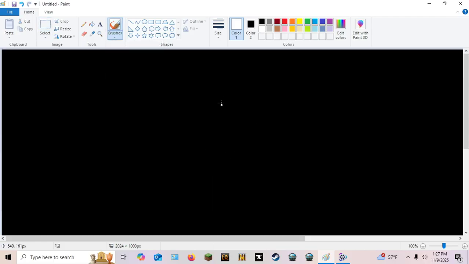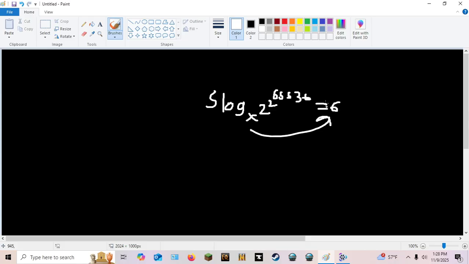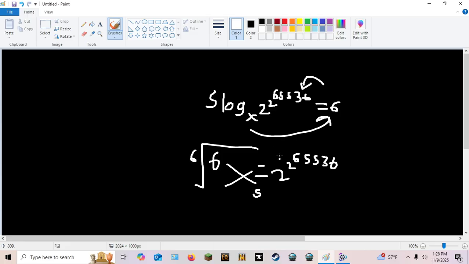Let's go to another example. The super logarithm base x of 2 raised to 2 raised to 65,536 equals 6. Here it gets tricky. Actually, I'm pretty sure this is not tricky. So x tetrated to 6 is equal to 2 raised to 2 raised to 65,536. I have to take the super sixth root of both sides to get x by itself.